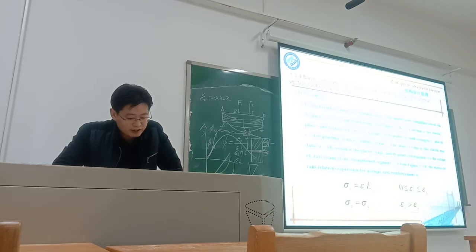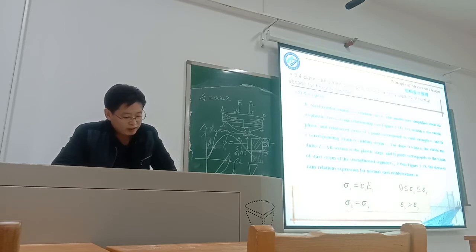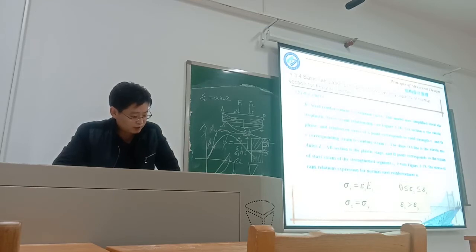The OA section is the elastic stage, and point A corresponds to the yielding strength sigma y with the corresponding yielding strain epsilon y, and the slope of line OA is the elastic modulus.